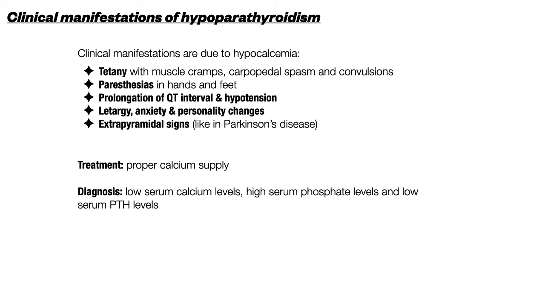The ECG is going to show a prolongation of the QT interval, and also hypotension will be found. In the central nervous system, it's going to cause lethargy, anxiety, and personality changes, as well as extrapyramidal signs like in Parkinson's disease.